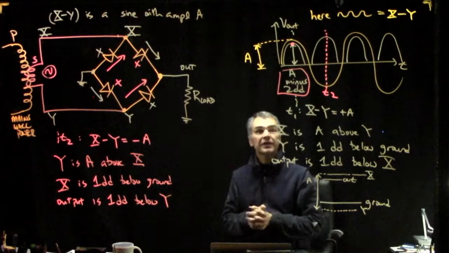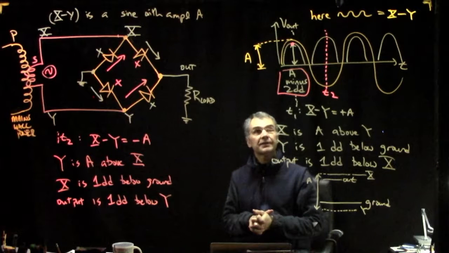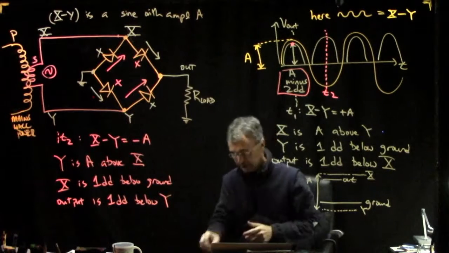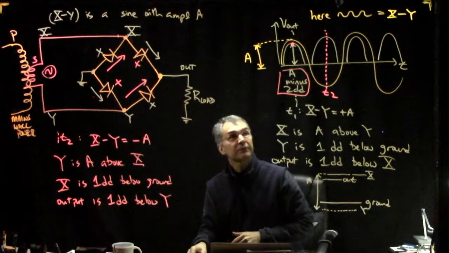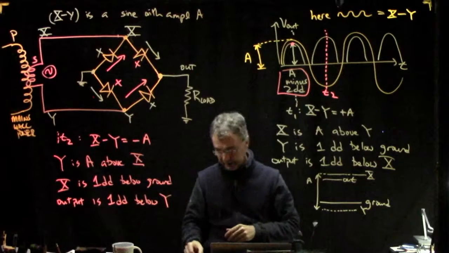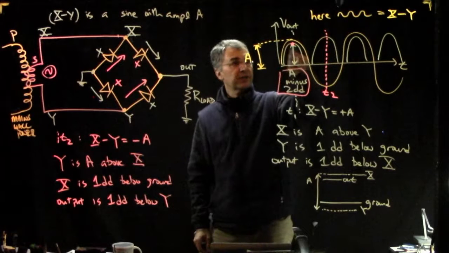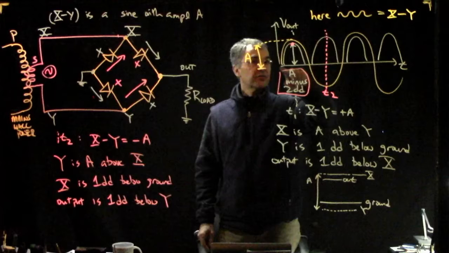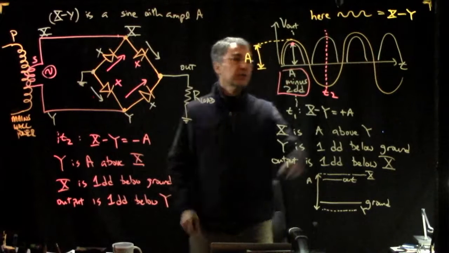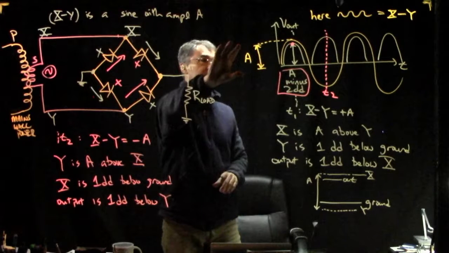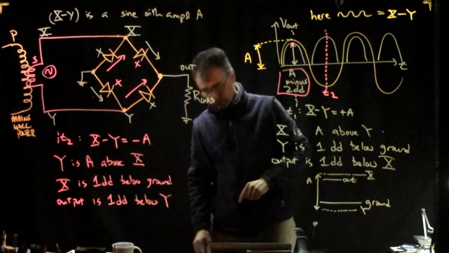Okay, so the net outcome of that is that our output waveform here, which is this sort of blue-gray curve, its amplitude is not one, but two diode drops below the amplitude of this X minus Y sine wave.